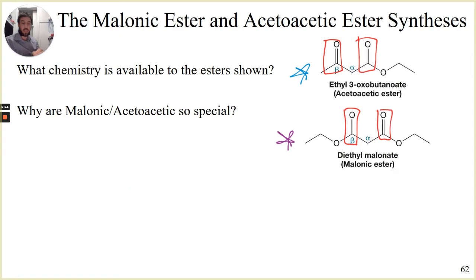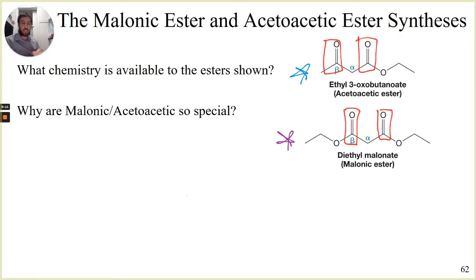If we think back to our alpha beta unsaturated carbonyls, we had particular chemistry associated with it. We had two electrophiles, so we had 1,2 and 1,4 additions.